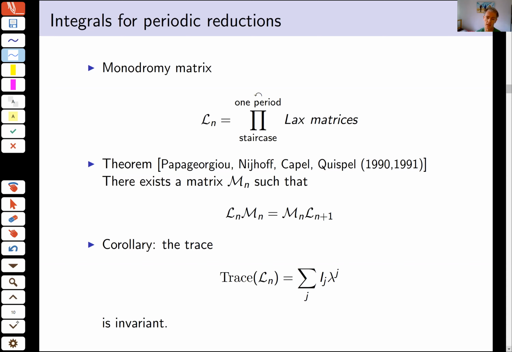It does not depend on n anymore. So this is a way to produce invariance of your mapping. If you take a long staircase, you get very high dimensional mappings.